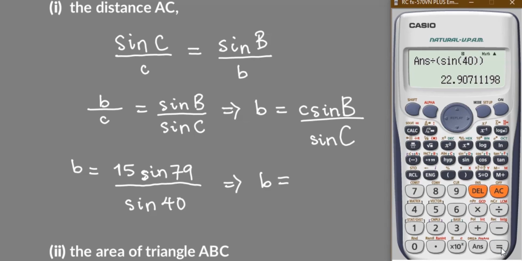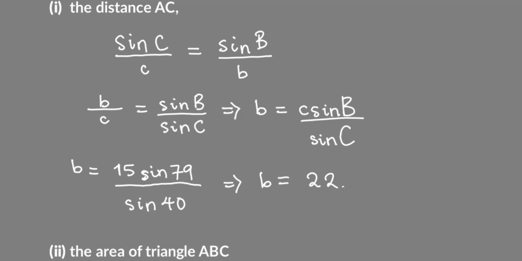So B is equal to 22.9. Remember, it's supposed to be correct to 3 significant figures, and this will be in kilometers.